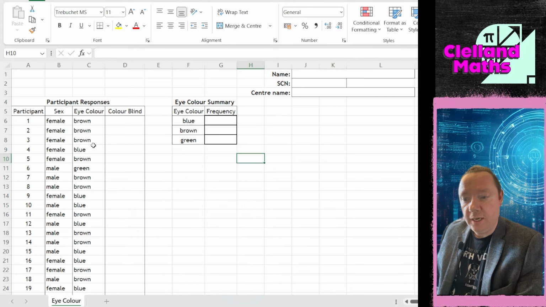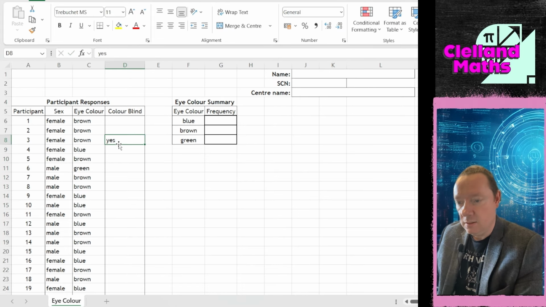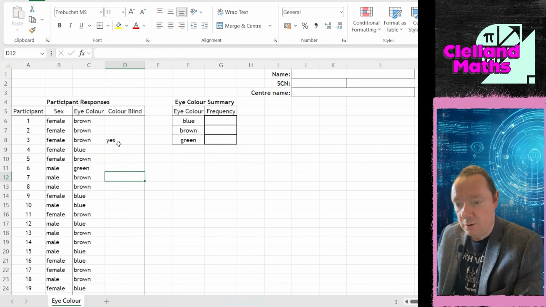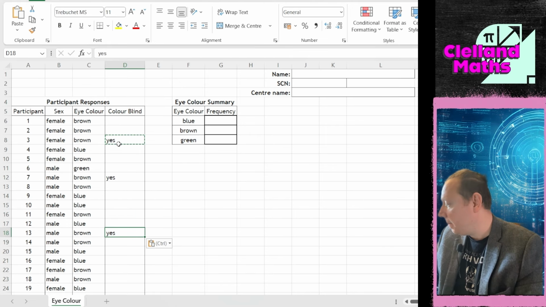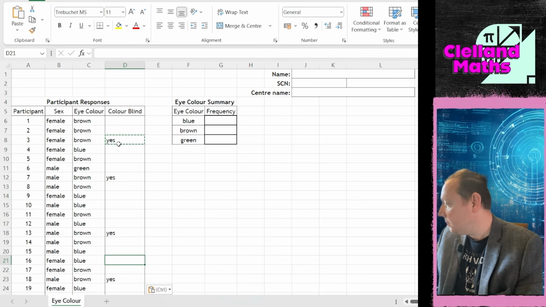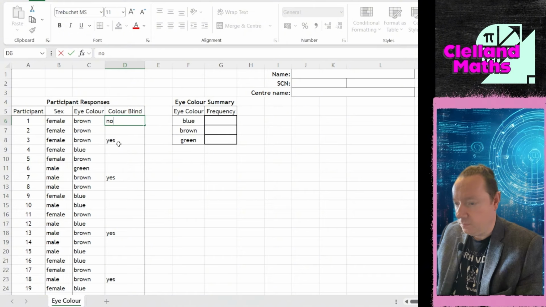So participant 3 was colourblind. I'll just write yes then. Participants 7 and 13 were colourblind, so I'll just copy that. 7 and 13 and 18. They're all colourblind. All other participants were not colourblind. So no. Now, be as fast or as slow as you want here.